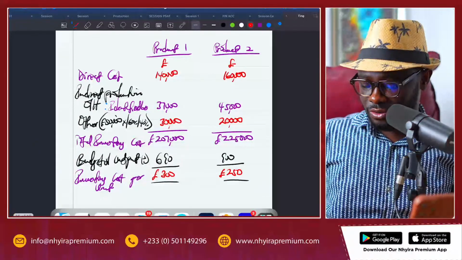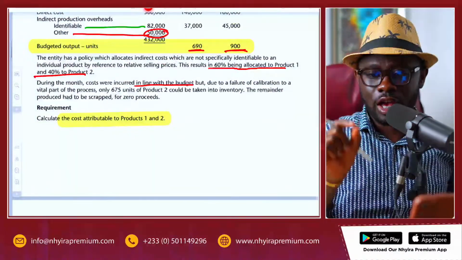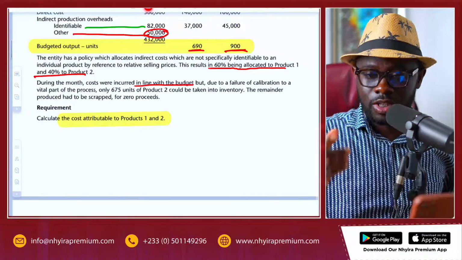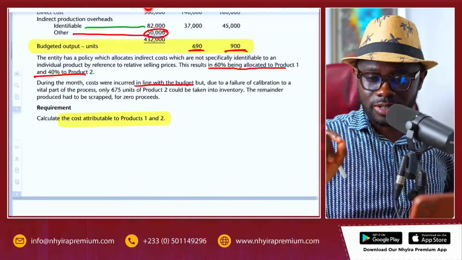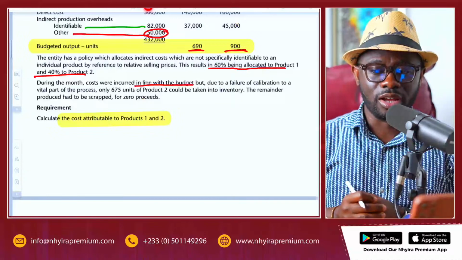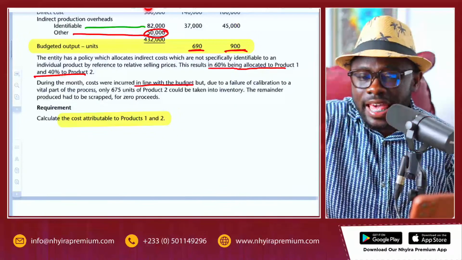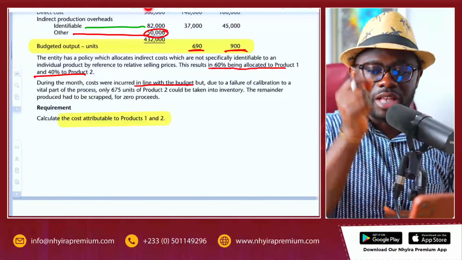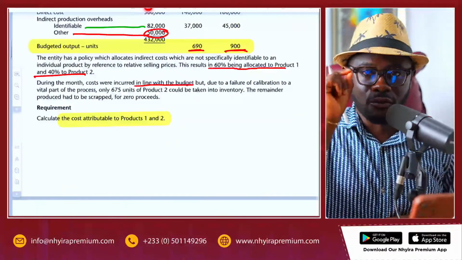But let's continue to read. It says, but due to a failure of calibration to a vital part of the process, only 675 units of product B could be taken to inventory. The remainder produced had to be scrapped for zero.